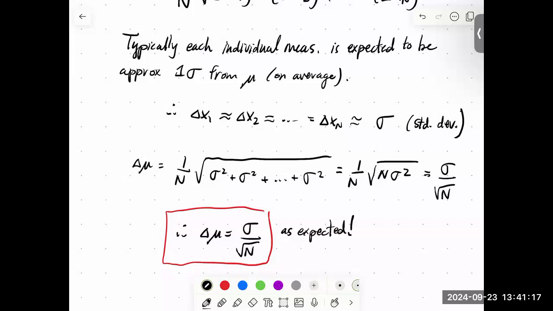It's just that the probability of that happening is extremely small. Getting a measurement that is three standard deviations away from the mean, 99.9% of your measurements are going to be within plus or minus 3 standard deviations. It's still possible to get measurements outside of that range. It's just that that probability becomes vanishingly small.